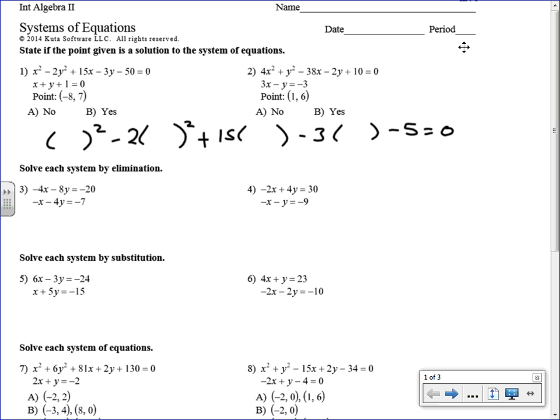Look up here, please. -8, and I plugged in 7. I took those numbers and I plugged them in right here. So x was -8 and y was -7, and I tried to see if that gave me equals 0.